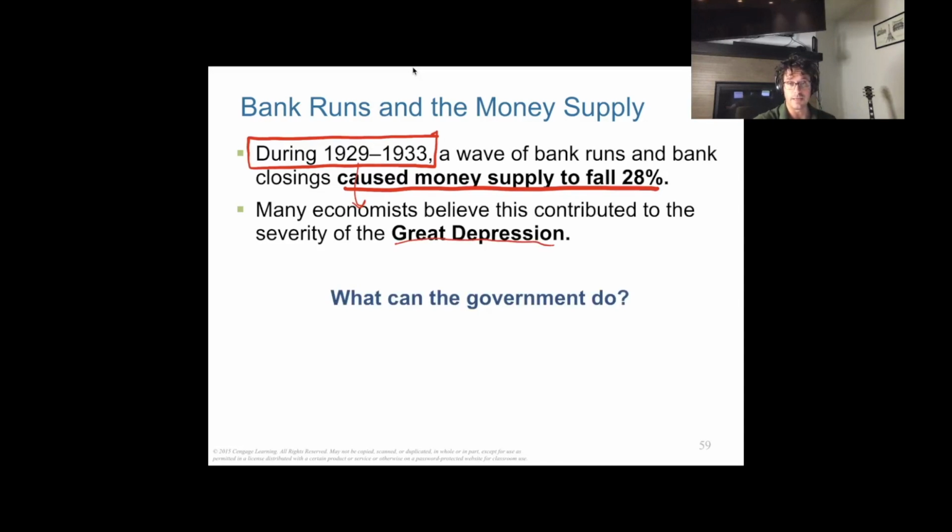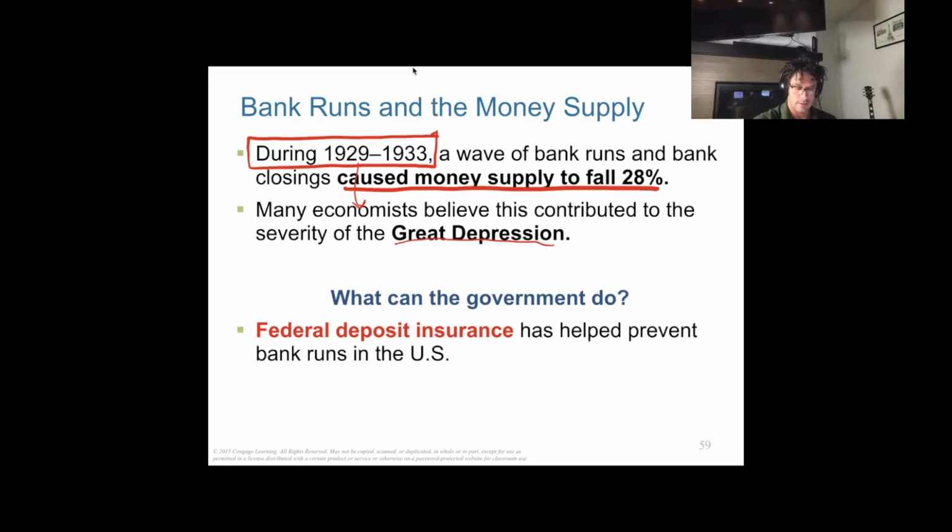Now, what can the government do in this case? Well, it insures banks and in particular depositors, so that they will be paid. The idea is that if depositors are insured, then they will not run to the banks.